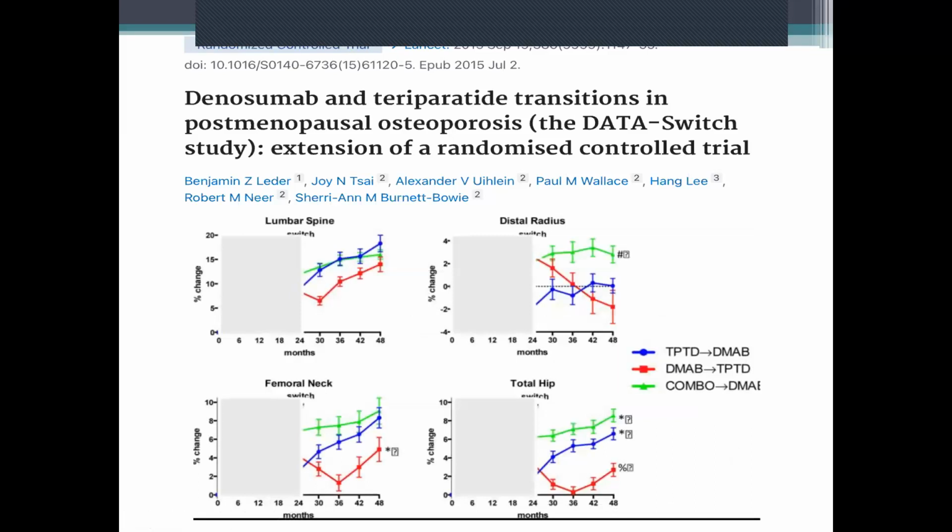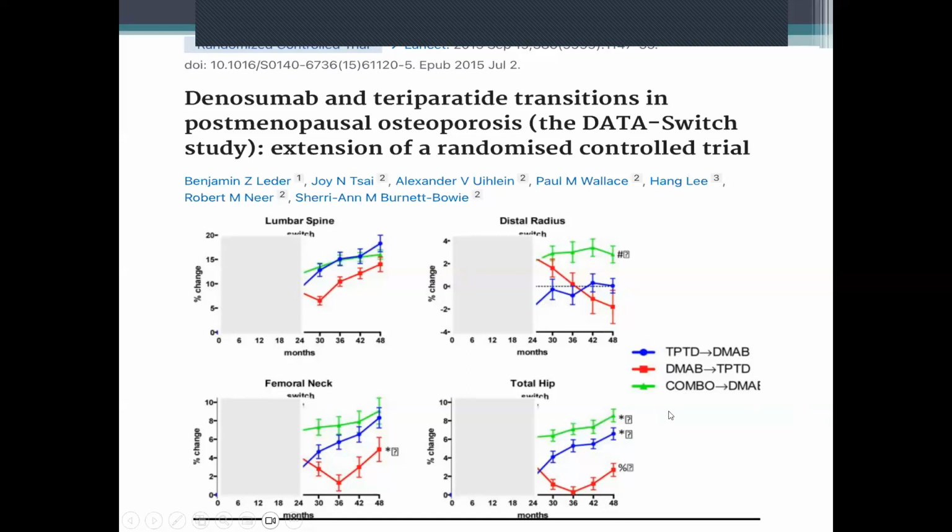So these were what the results show. When you switch from teriparatide to denosumab, you can see you still have bone mineral density gains, and that's in the lumbar spine, and also in the femoral neck, that's the blue line. And again, same, we're looking at distal radius and even the total hip. So teriparatide to denosumab, so anabolic agent first, then denosumab, you still have BMD gains.